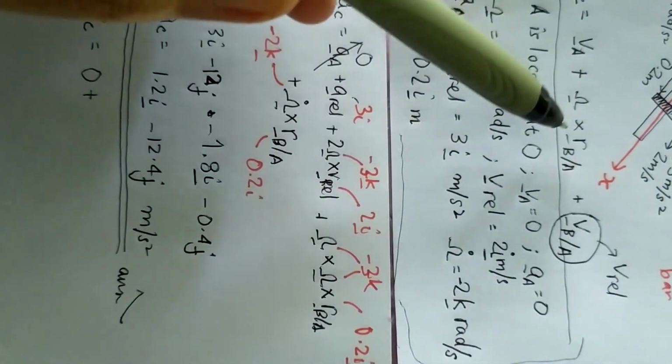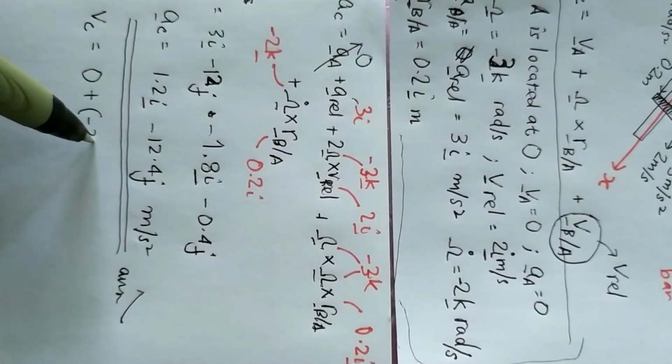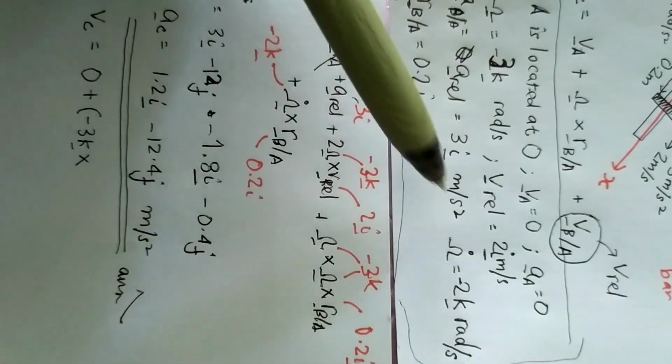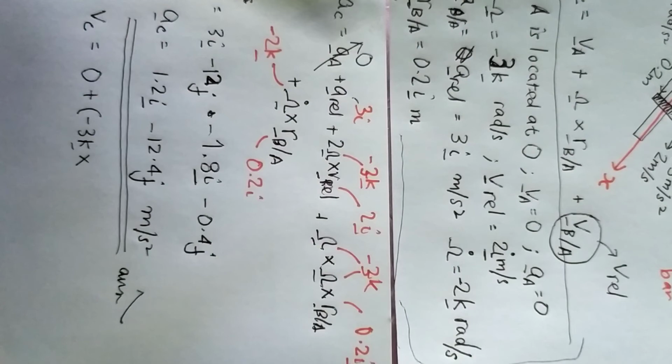So it is minus 3k cross the position vector B relative to A, which is 0.2i, and then the relative velocity is given to us, 2 meters per second.